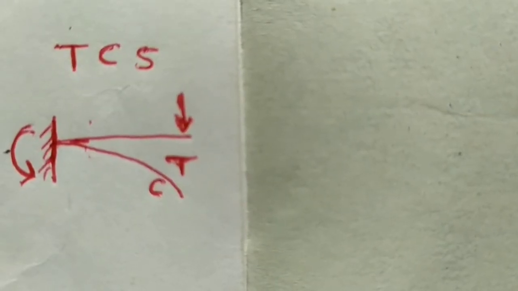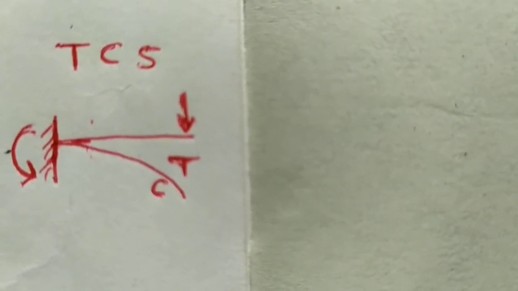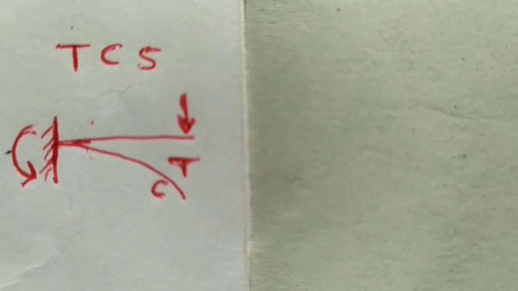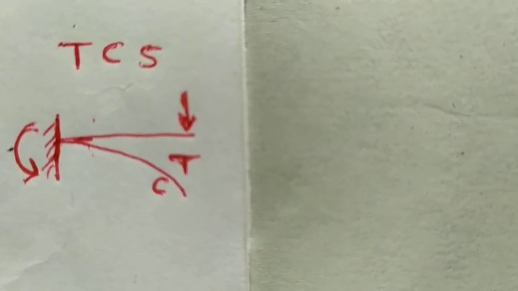Now just consider this cantilever beam. The cantilever beam is subject to loading. Because of loading we are getting this deflected shape. Of course, the top of this beam is in tension and the bottom is in compression. Always keep in mind TCS: if the top is in compression, then there will be a sagging type of bending moment.